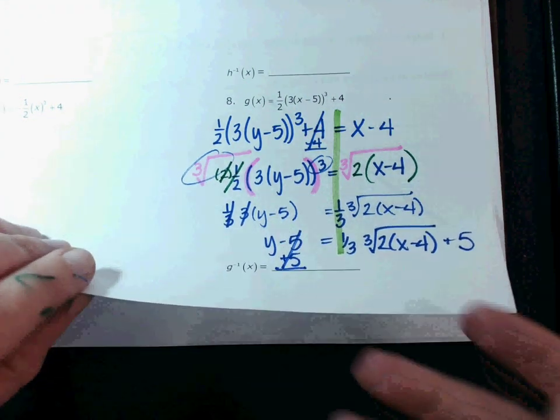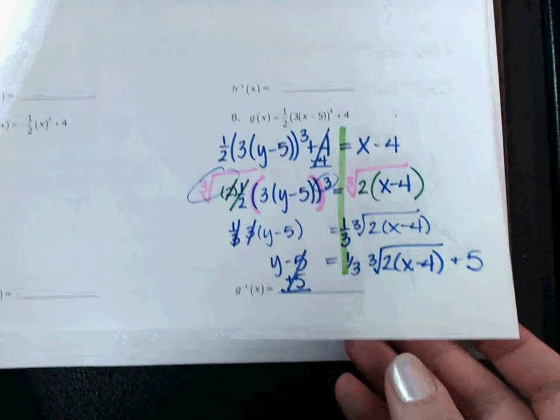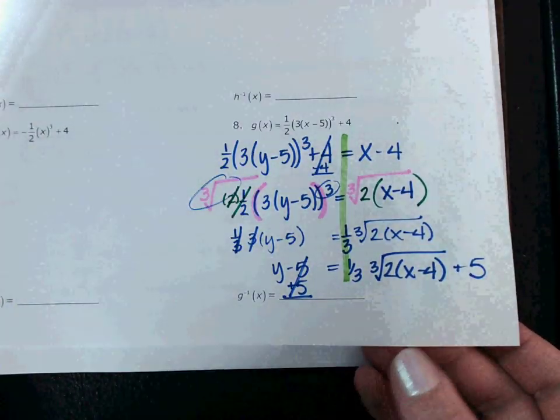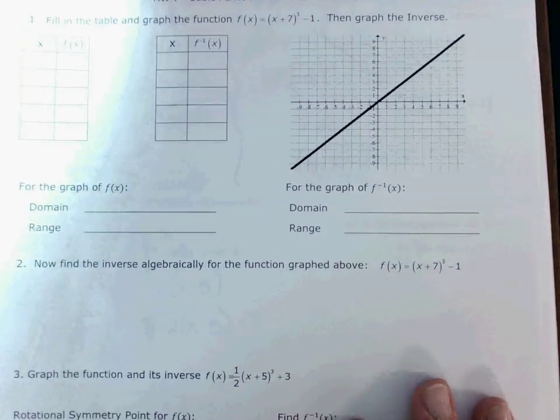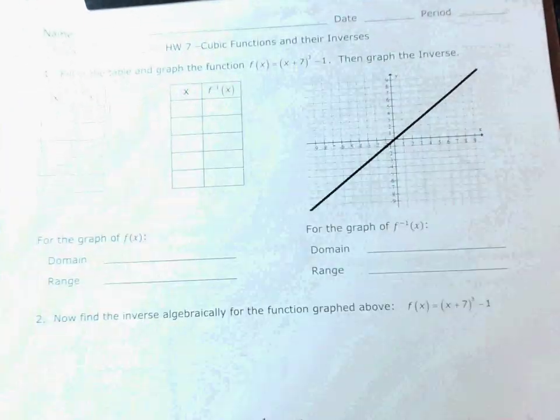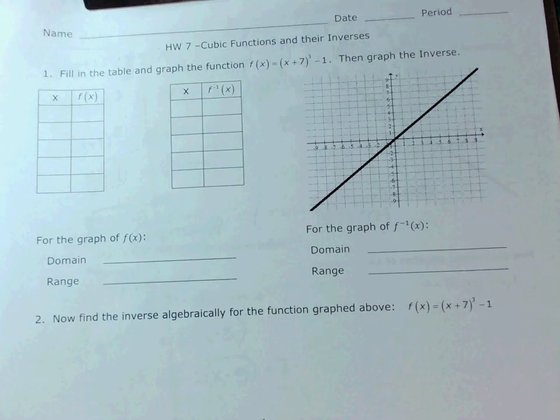All right. Go back to number 1 for me on your homework. What should your symmetry point be on number 1 for the middle of the table? Good. Okay, so when you type that into your calculator, make sure you put your start point in the middle.